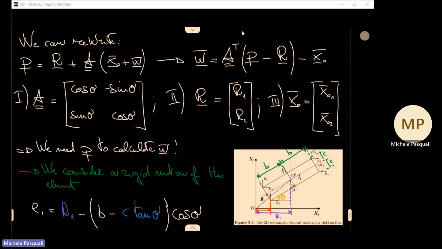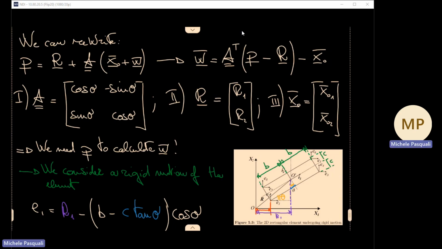Okay? Because this is C. C times the tangent of theta is basically this one. Then you remove from B this part, and you get this. Once you get this, you multiply times the cosine of theta, and you get this part here. You remove this part here to R0, you get E1. Okay, so I think it's easy.